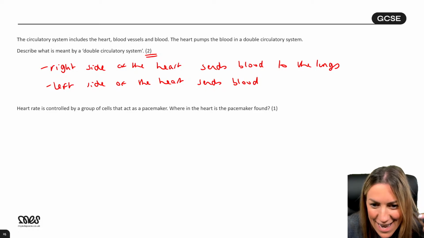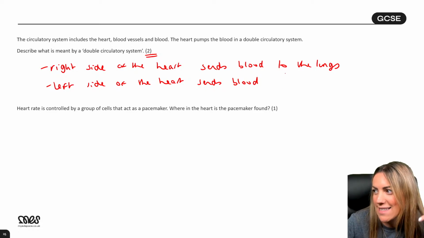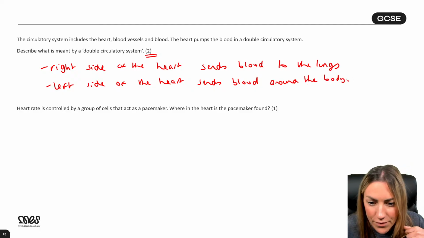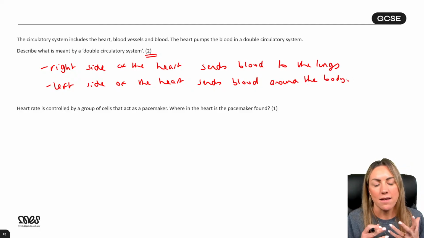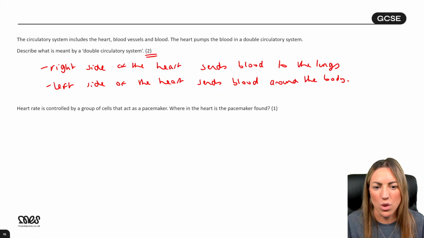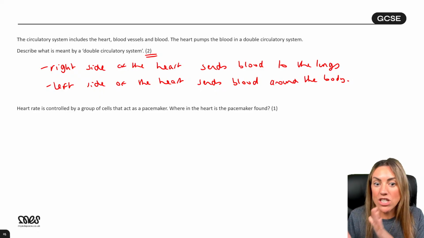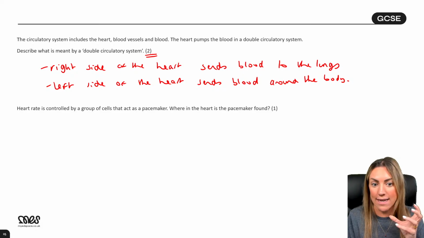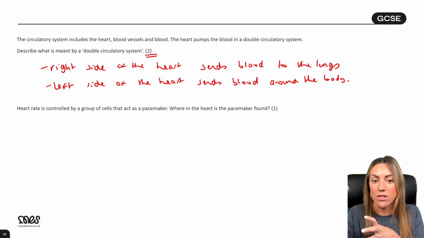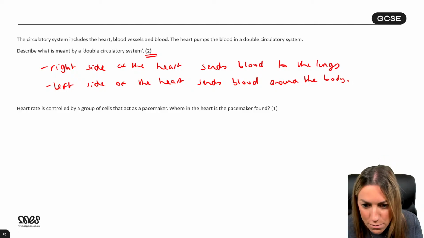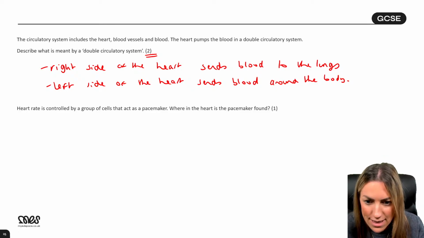Pulmonary and systemic. Yeah, you're right, maybe, Louis. Yes. Around the body. Okay. If you say the blood flows through the heart twice per circuit, they give you 1. But if you actually say, well, you've got 2 circuits, so the right side of the heart sends blood to the lungs and the left side of the heart sends blood around the body, that's what they want for 2 marks. Round the rest of the body, yeah.